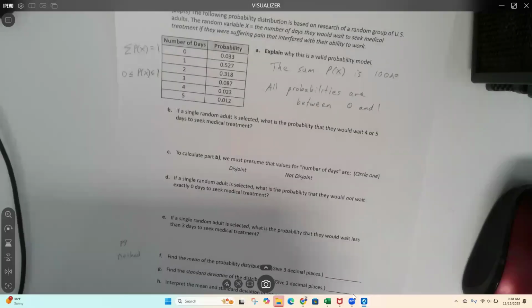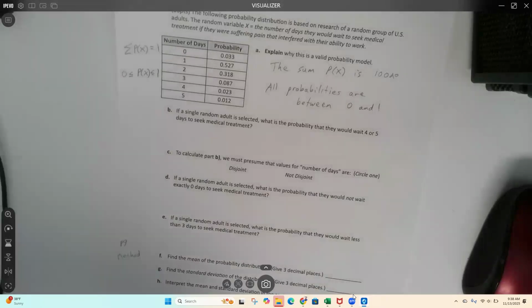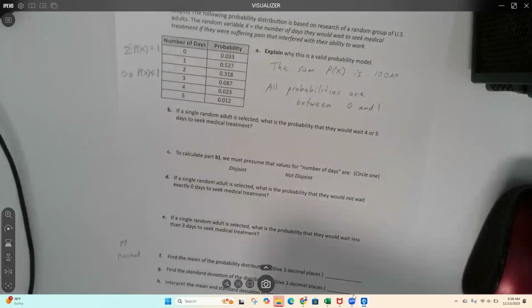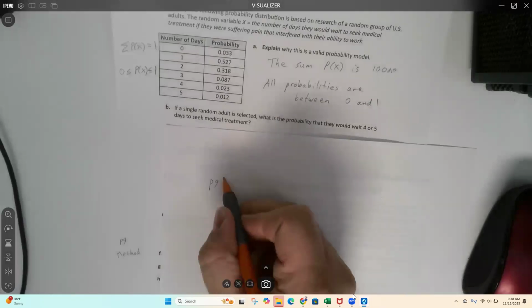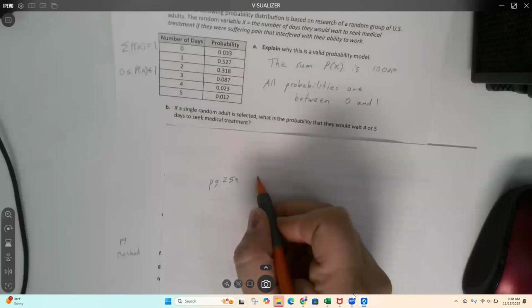So maybe something that would be valuable to have is remember that we're allowed to have an 8.5 by 11 piece of paper front and back with us on the final exam. Actually, for the final exam, you were allowed two 8.5 by 11 papers, front and back. And so one of the things that might be helpful to write is, you know, page 259 is linear regression.